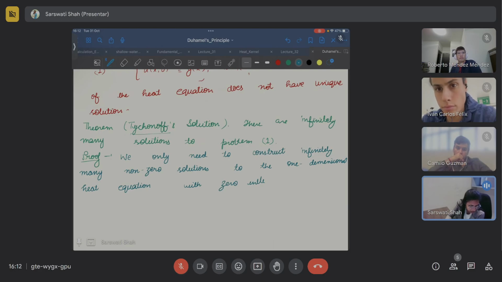Firstly, we are going to take a zero initial condition, and then we will construct the solution of that problem, and then we are going to pass to the original problem.